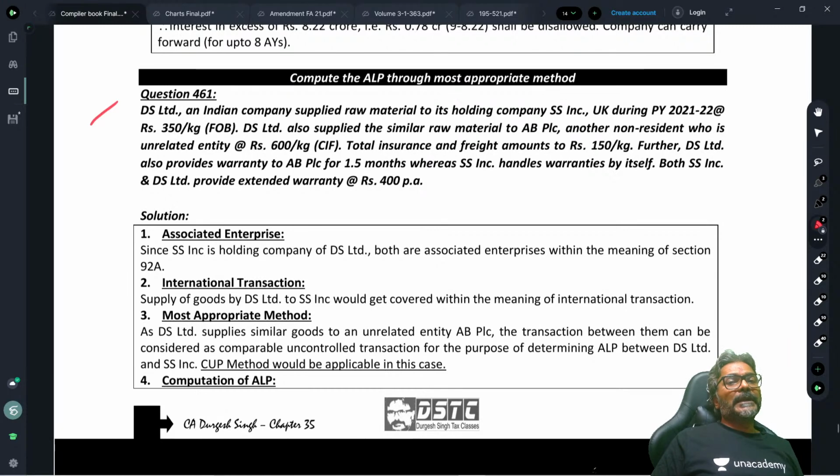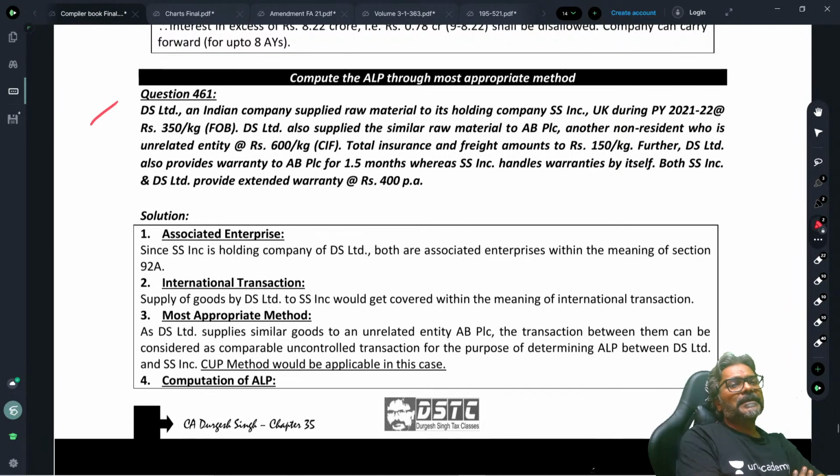Now the total insurance and the freight amounts to rupees 150 per kg. The total freight and insurance, students. Now this is in which case, students? The unrelated party transaction. In the unrelated party transaction, the total freight and the insurance which has been charged is rupees 150 per kg.